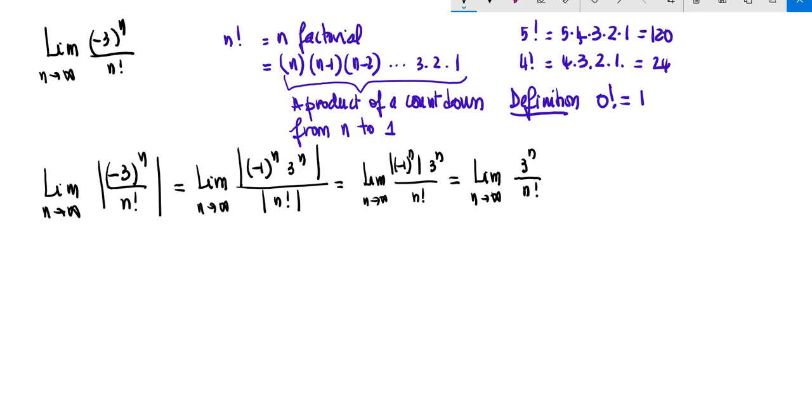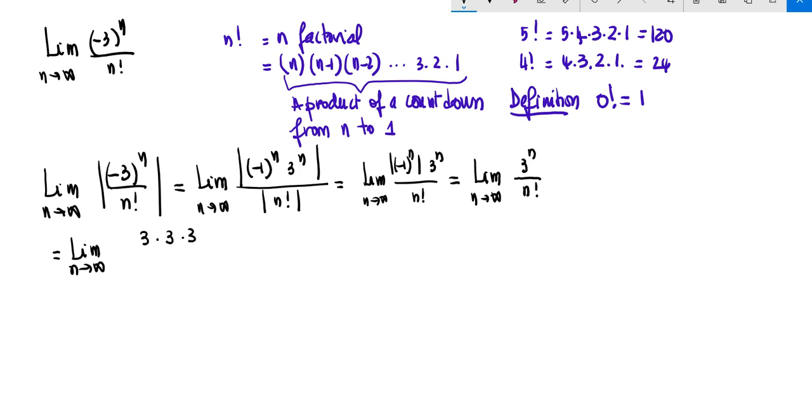All right, so now we need to understand what is really happening here. To this end, we'll do some analysis. Let's expand this 3^n out, right?